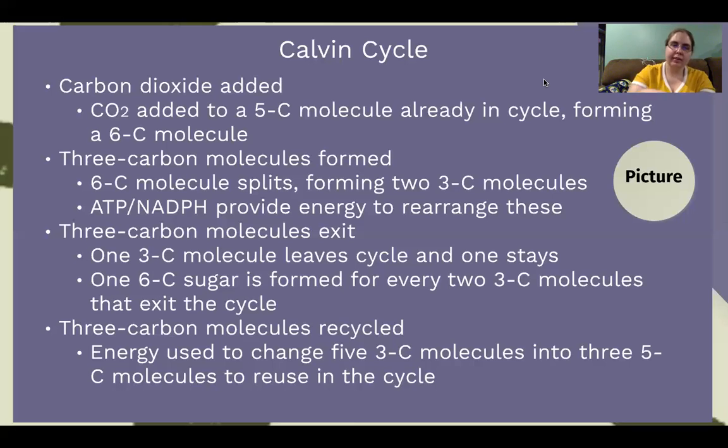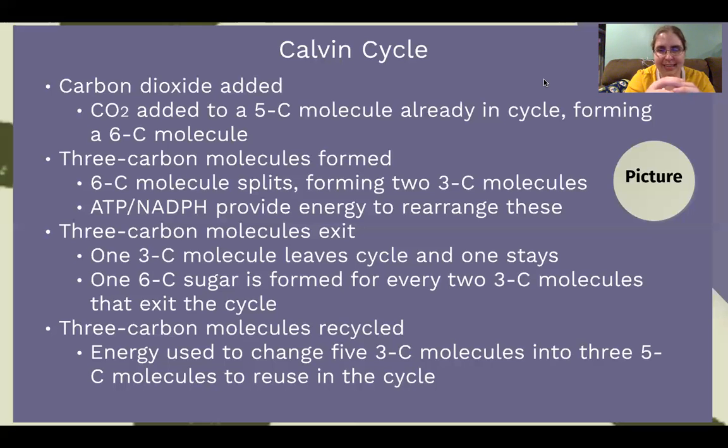Now, as this goes on again with another carbon dioxide, we're going to grab another one of those 3 carbon molecules from a second round of this cycle. I'm going to take those 2 three carbon molecules that have left the cycle at different points, and we're going to combine them and rearrange them in order to form a 6 carbon sugar, i.e. glucose.